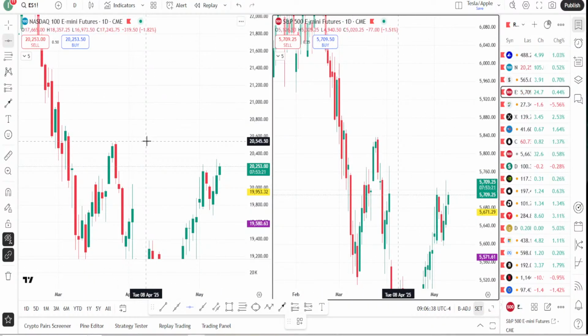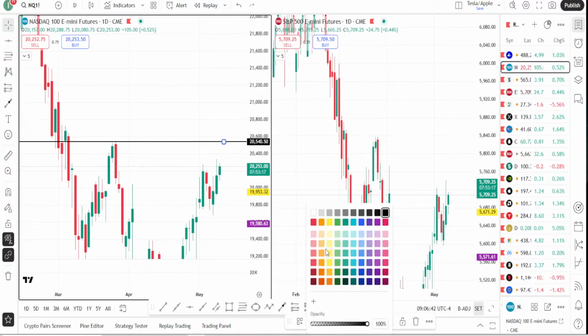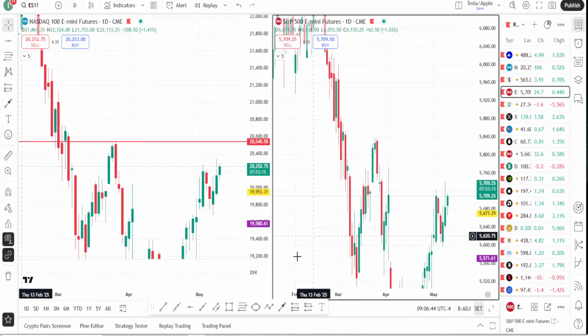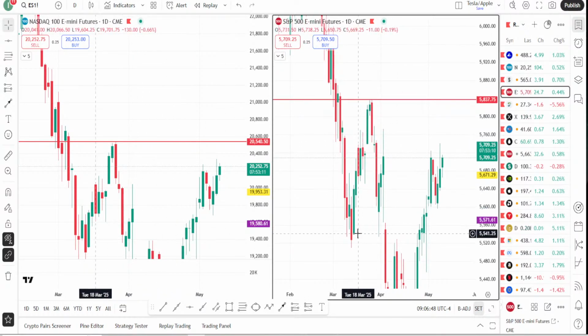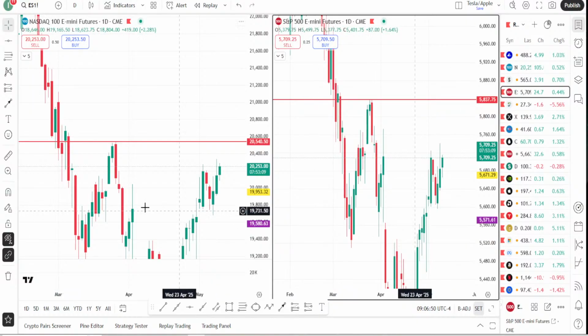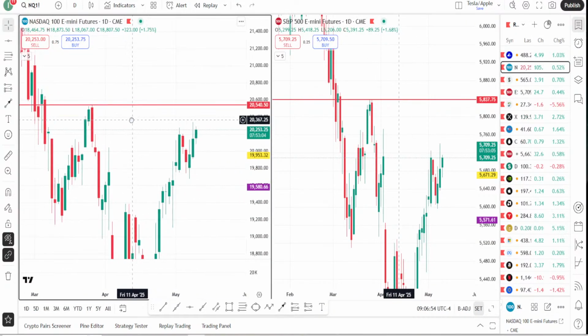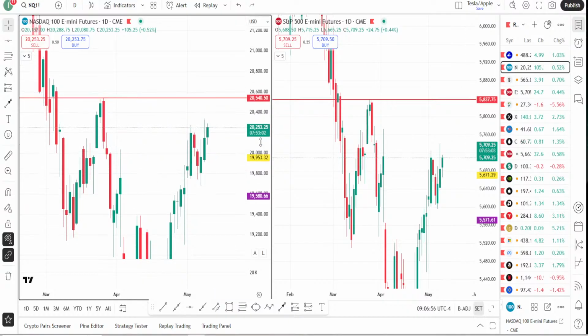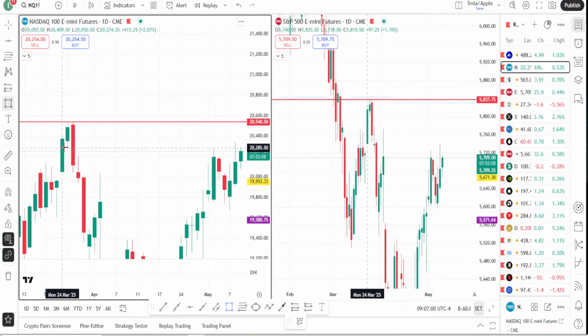Easy. We got resistance here, and we got resistance right here. We got this order block.